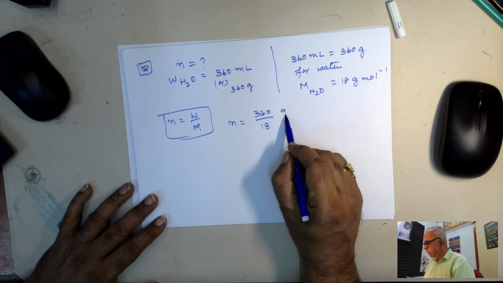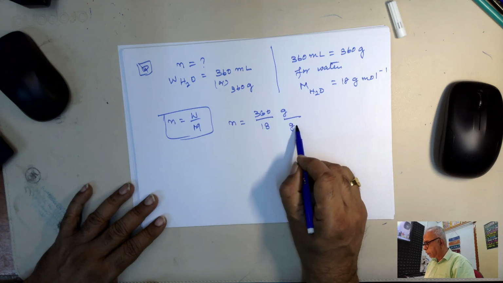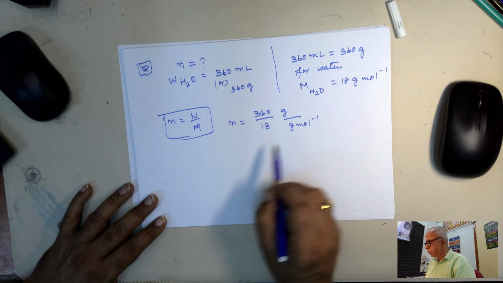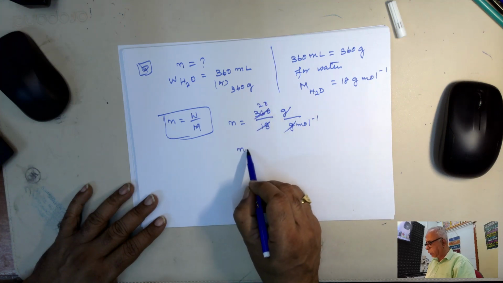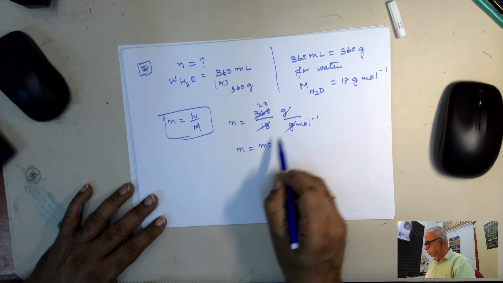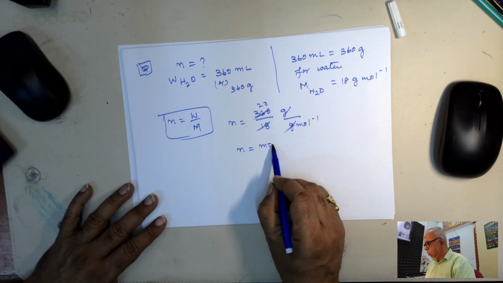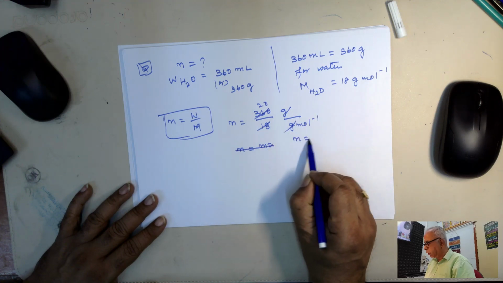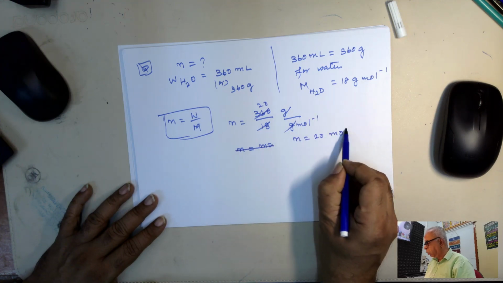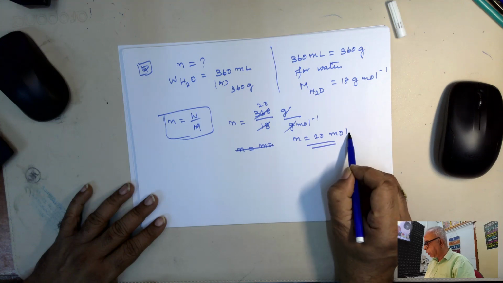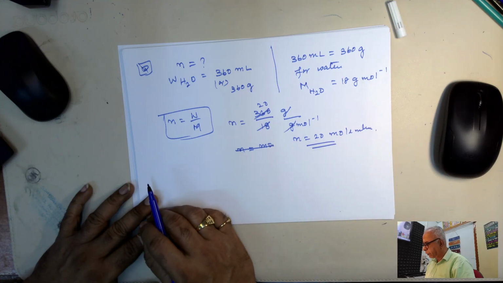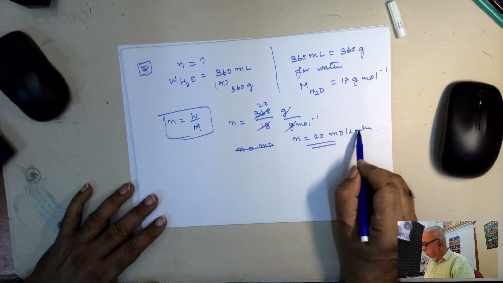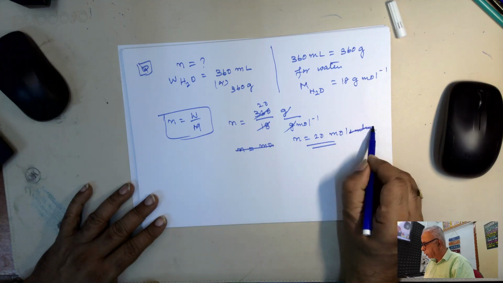This is gram and this is gram per mole. Therefore, n is equal to 20. The mole inverse becomes mole. So n is equal to 20 mole. That is 20 mole of molecules, or simply you can call it mole.